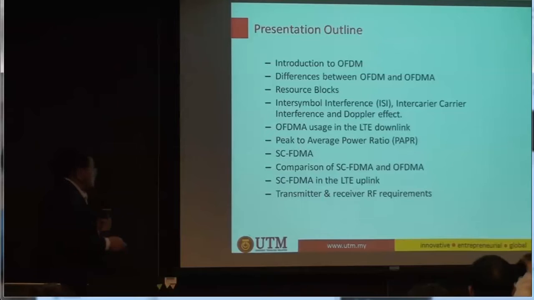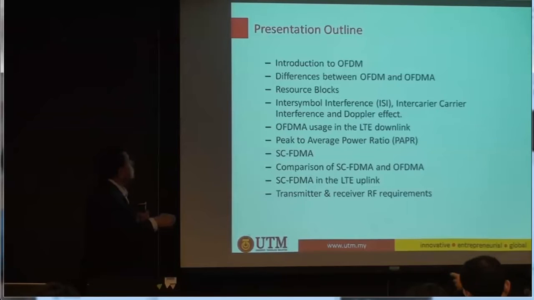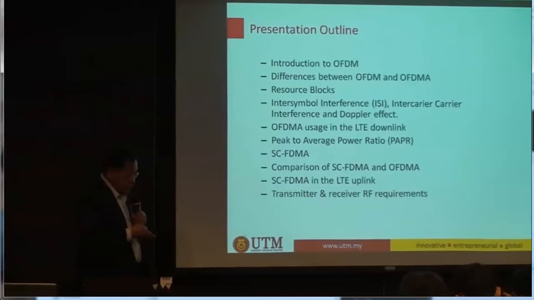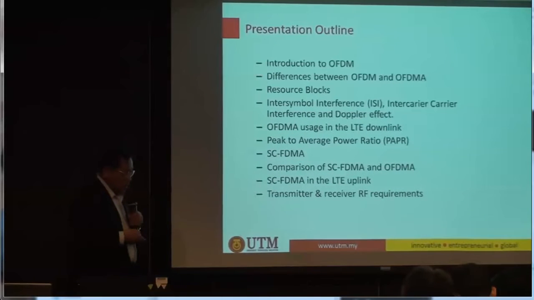So I think the interface will be more concerned about multiple access. One of the things that you saw yesterday, one of the multiple access methods used is OFDM, and OFDM is very important and useful for LTE. And then we will see what is the difference between OFDM and OFDMA.